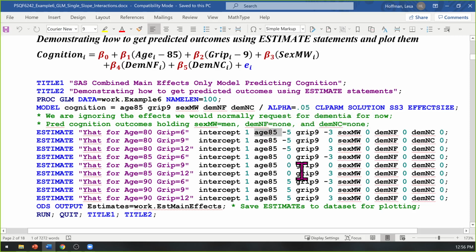Then likewise, when I type age 85 here, what am I referring to with respect to the equation? Beta 1. Ding, ding, ding. And grip 9? Beta 2. Yep. And this is beta 3, and this is beta 4, and this is beta 5. The numbers then.